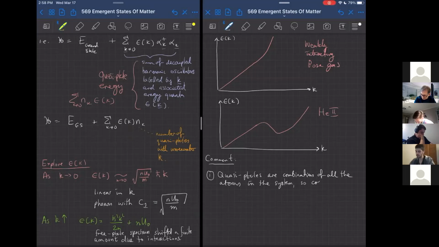So they're collective. And the way that they mix is determined by U naught, which is the original interactions between the atoms.